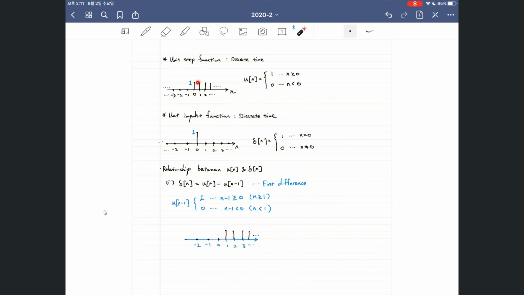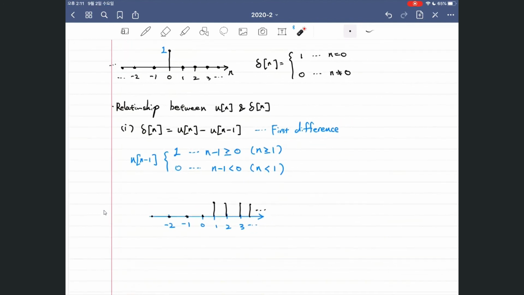But with n being 0, u[n] has the value of 1, but u[n-1] has 0 value, so the 1 remains.